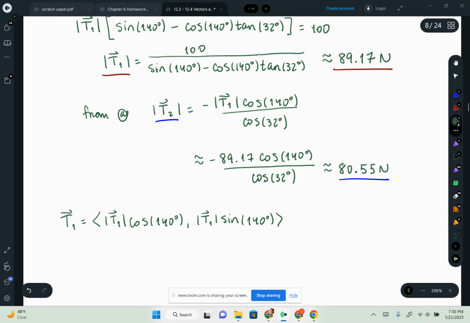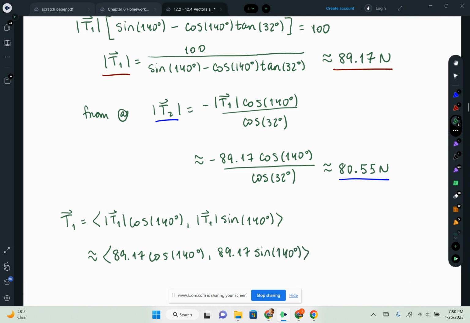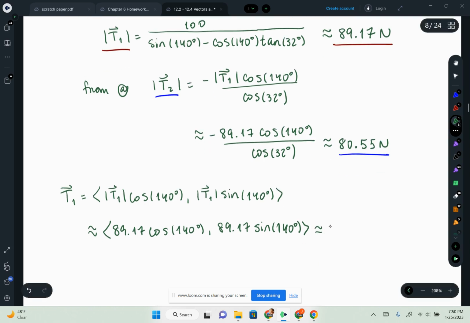So I'm going to pop in my T1 values of 89.17, it's approximate. 89.17 cosine of 140, and 89.17 times sine of 140. And I'm going to get some approximate values there. 89.17 times cosine 140 is going to give me approximately negative 68.31 for my x component.